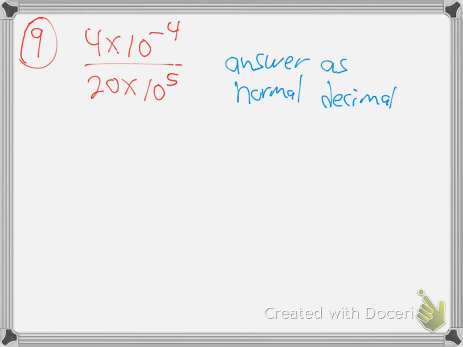Yeah. Oh, it's going to decimal? Okay, it's 0.20. 0.20 times 10. That's it. What'd you do with those 10s? Tell me about those 10s.